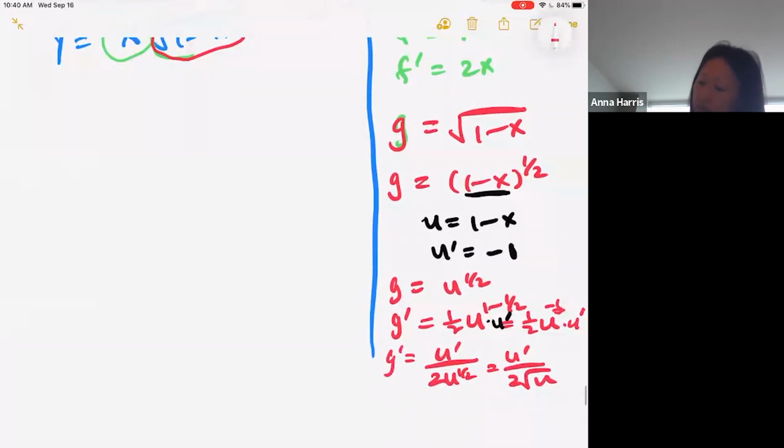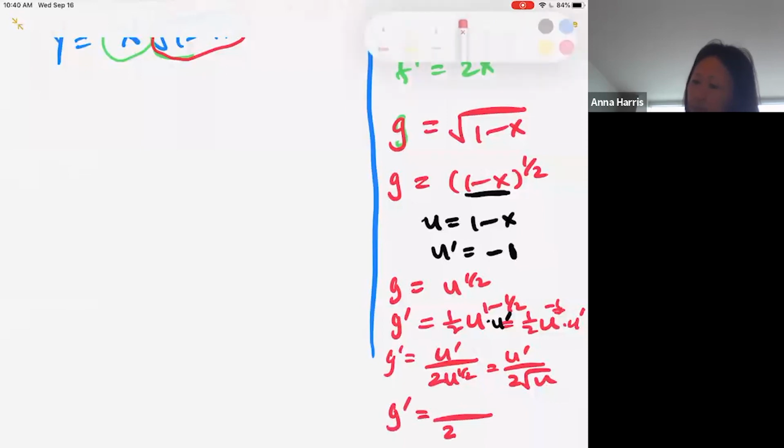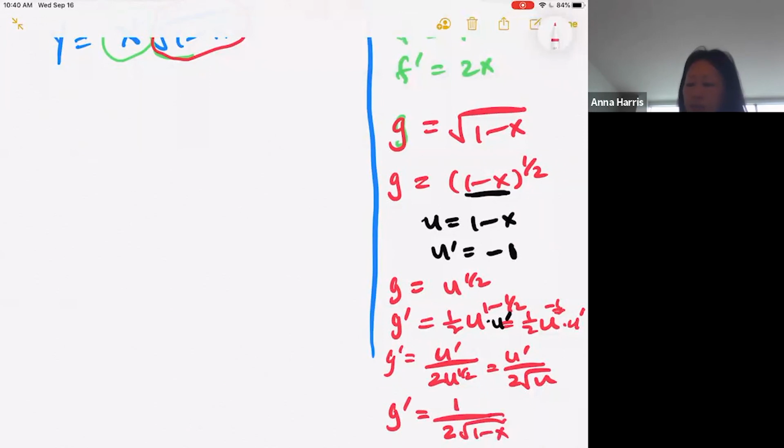And I'm almost done. So my g prime is equal to, my u is 1 minus x. Excuse me, u prime is just the negative 1, and u is 1 minus x. Okay, that's what I have.